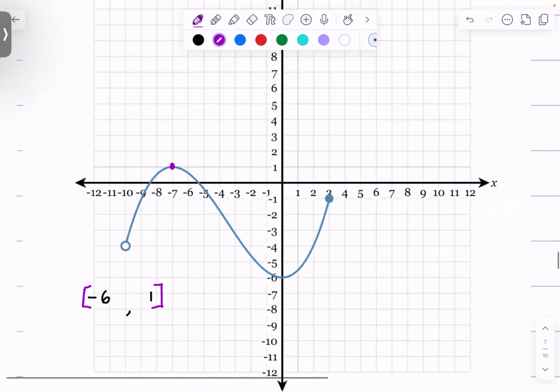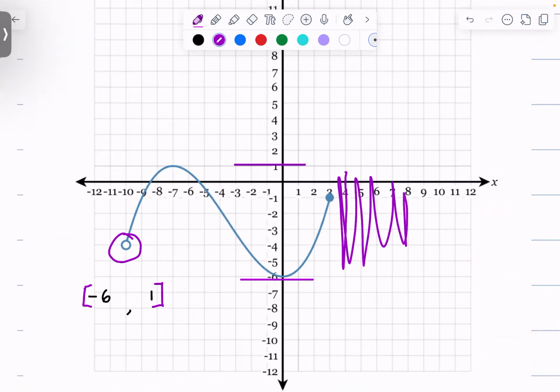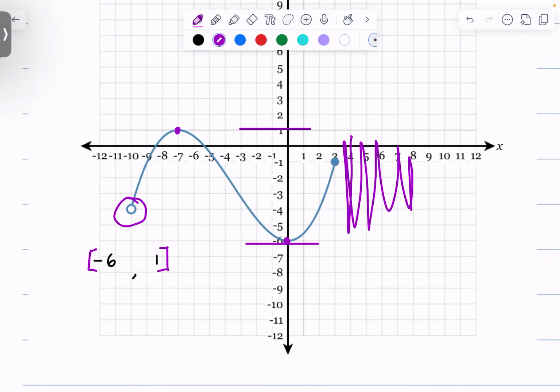This is an open circle, yes, but I'm looking at my y value, right? So my y values is from -6 to 1, correct? So inside here is all of the y values, correct? So those points there, here and here, they are a part of the graph. Yeah. So my y value can be -6, or it can be +1. All right. So that's why it's brackets. Cool.